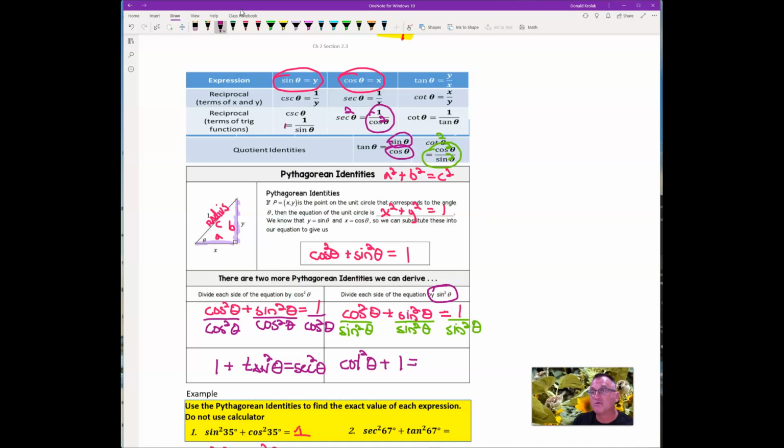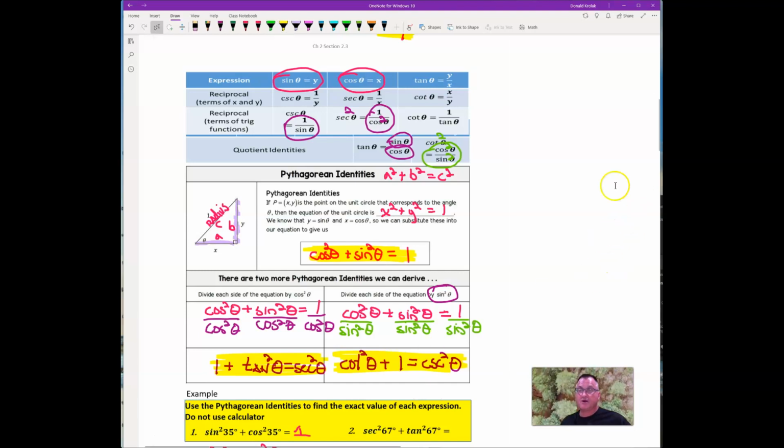Let's see, 1 over sine is cosecant, so 1 over sine squared is cosecant squared. And that is your third Pythagorean identity. So these identities we use quite a bit, especially the cosine squared plus sine squared. These other two, not as often.